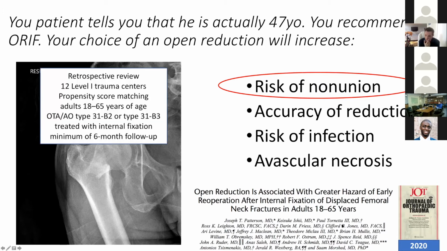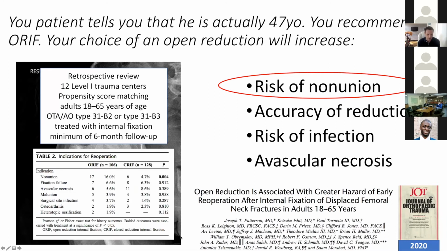It's a retrospective study, but they took all of the leading trauma centers. All of these are big names in orthopedic trauma. And they retrospectively looked at the open versus closed reduction. So you have some centers doing all patients open, some of them doing all patients closed, some have a mix. They did all the statistical wizardry and propensity scoring and what have you to try to make it as robust as possible. But the results were that the only thing that was different was that open reduction had more non-union.